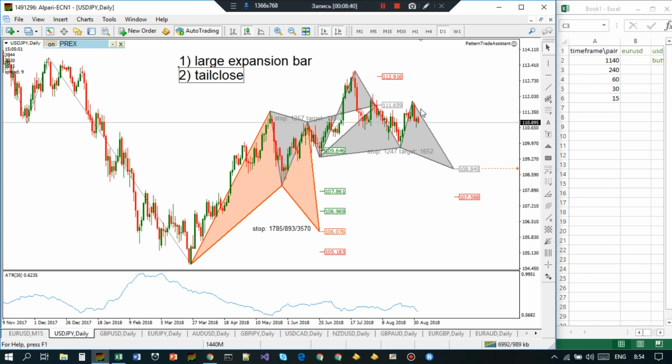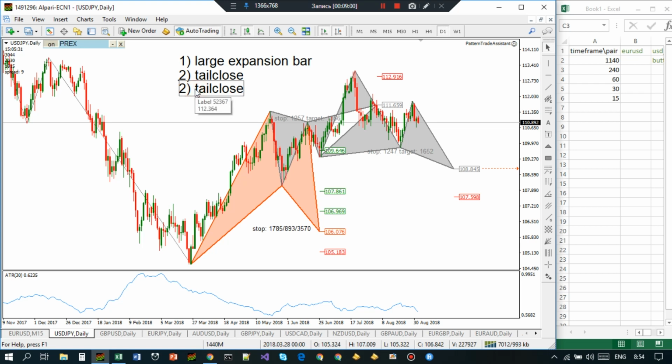Then it is stronger, and it has less strength if it is in the beginning of the movement. So it can have the initial momentum, and then the momentum may fade out, and you enter as usual. Okay, so the tail close is the second warning sign.